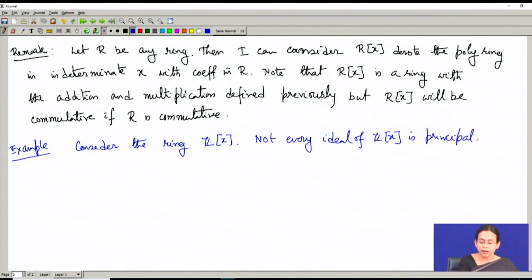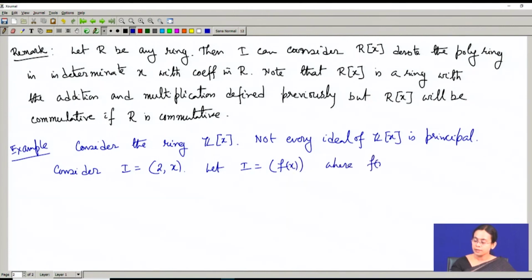So, how do I show that? Let us consider the ideal I, which is generated by 2 and x. Now, I would like to show that this ideal cannot be generated by a single polynomial. So suppose that I can be generated by a single polynomial f(x), where f(x) is a polynomial in Z[x]. Now, I would like to get a contradiction.